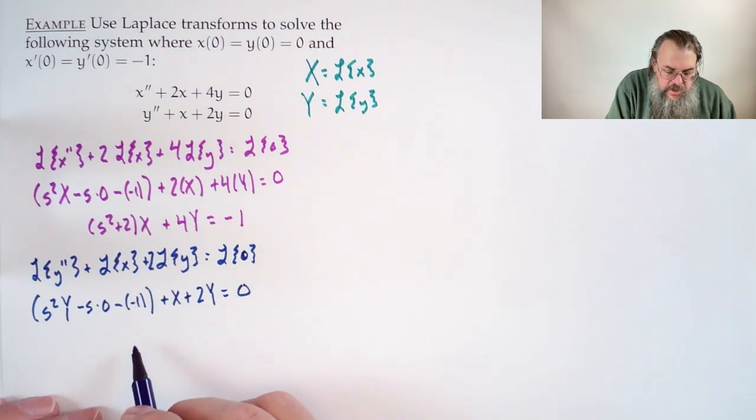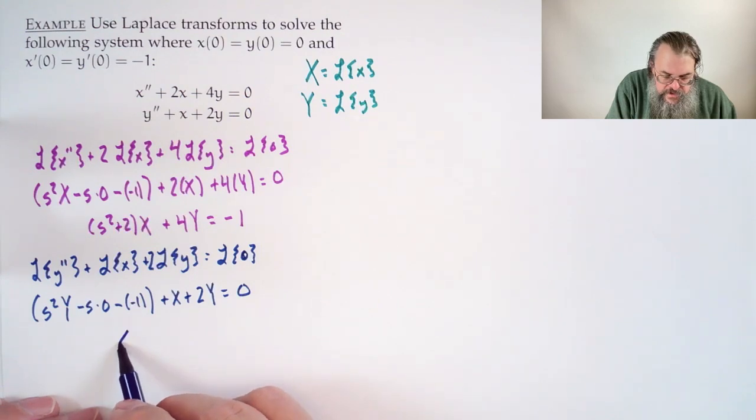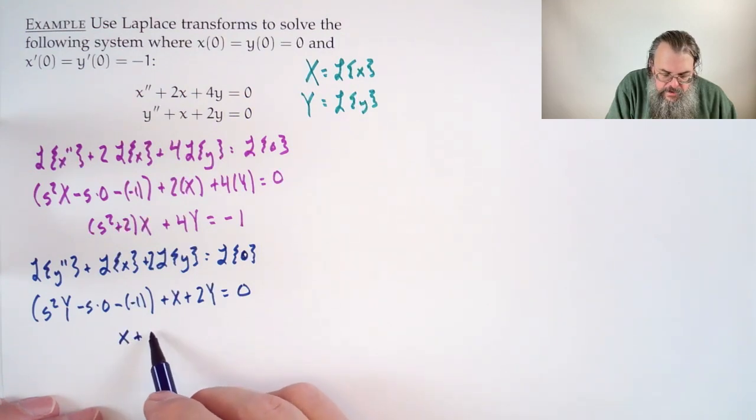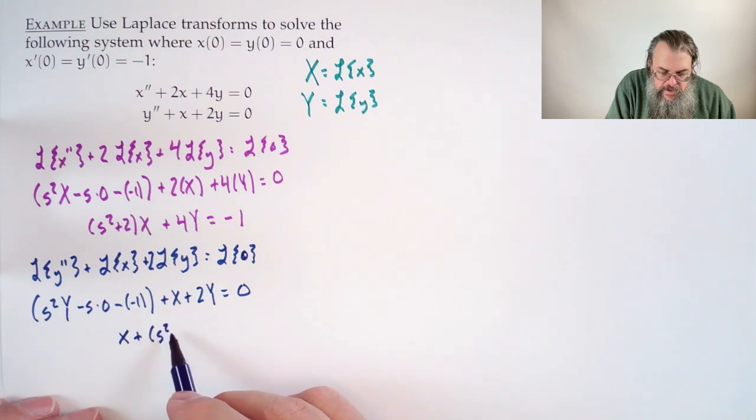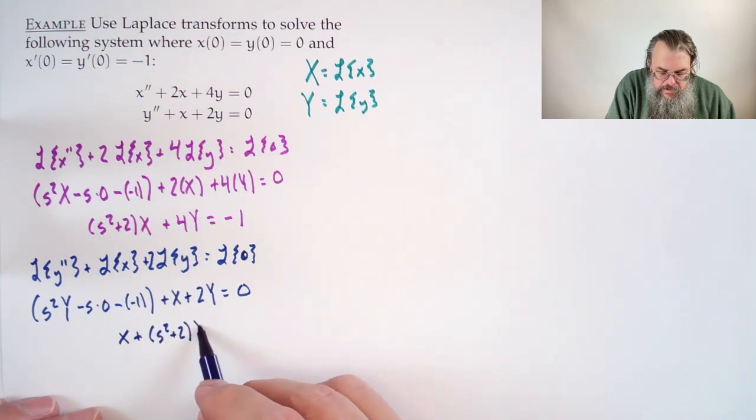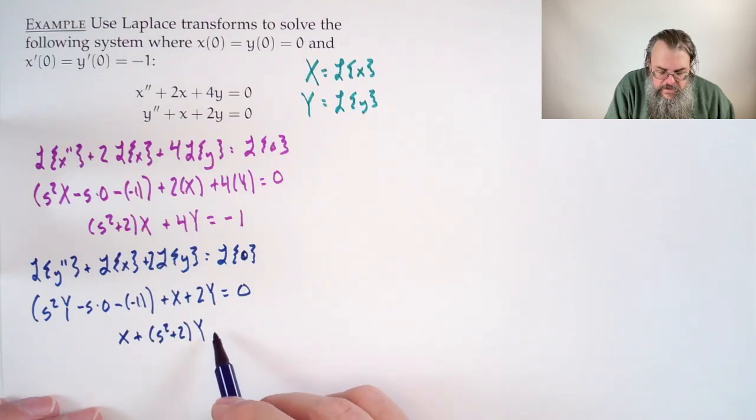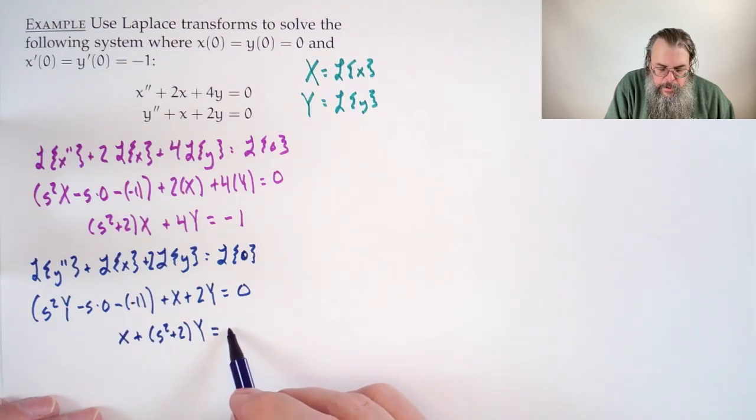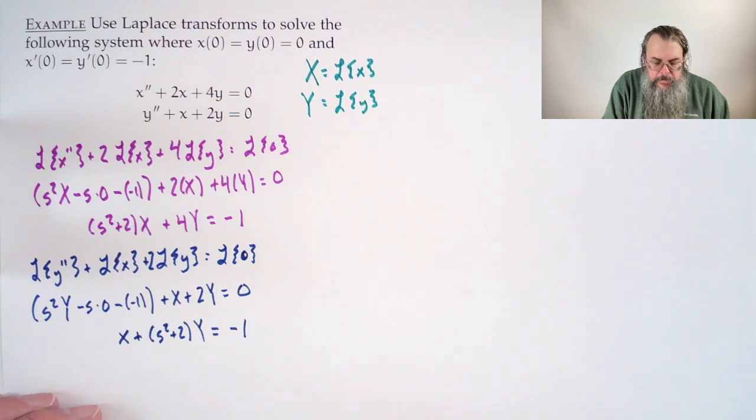Now, when we gather here, I'll put the X term first, and then we'll have an s squared plus 2 capital Y, and all that again equals minus 1.